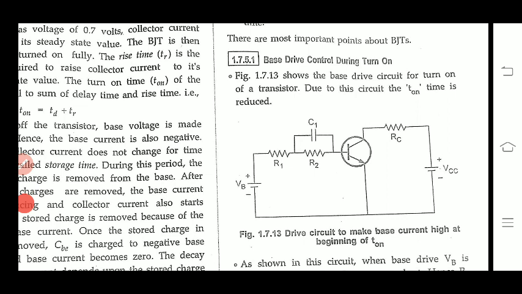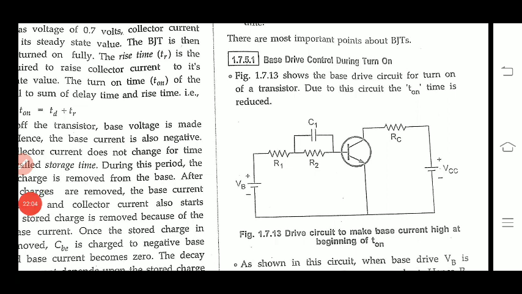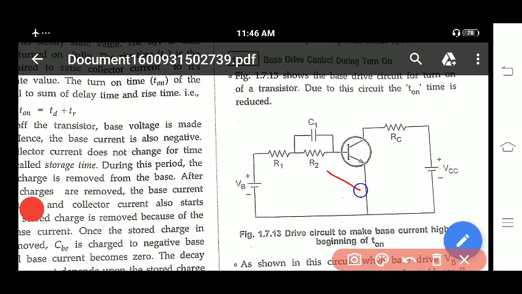We have seen that there will be a delay during turn on and turn off. If you want to reduce that delay, what do you need to do? Initially, reduce the time required to charge the base to emitter capacitance.